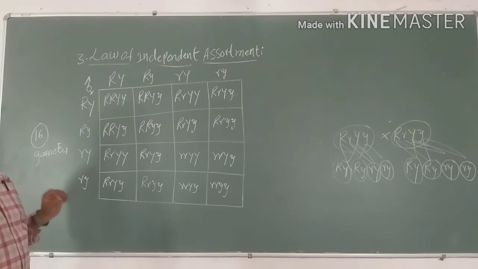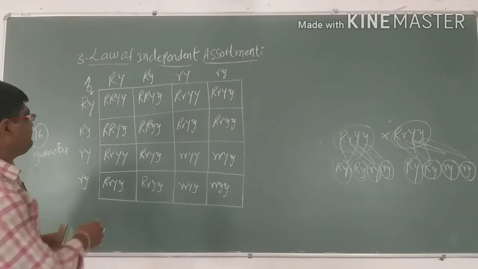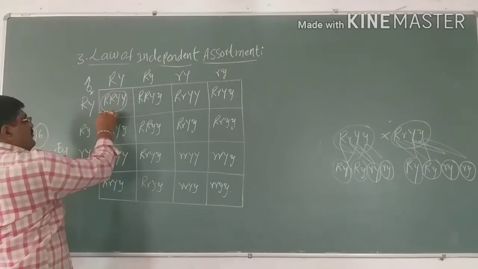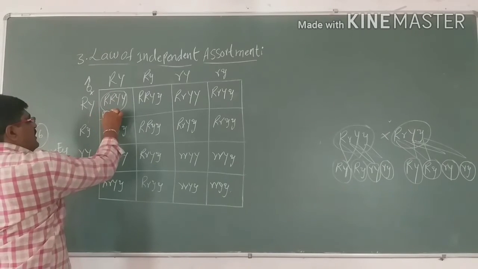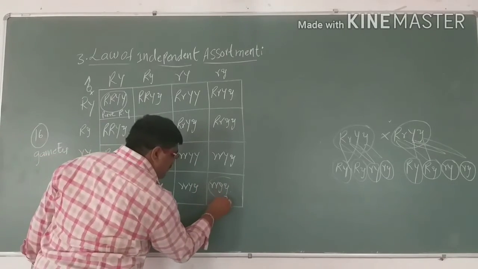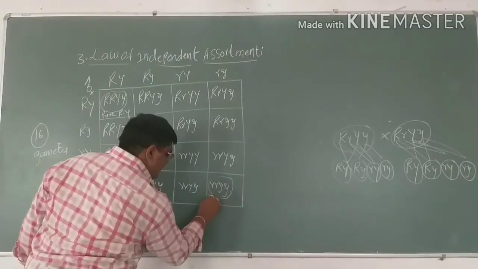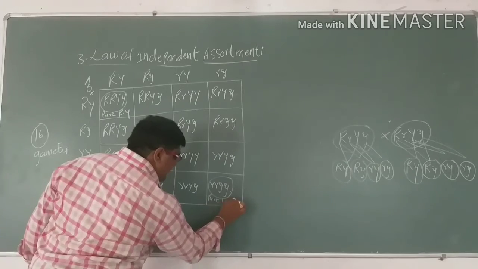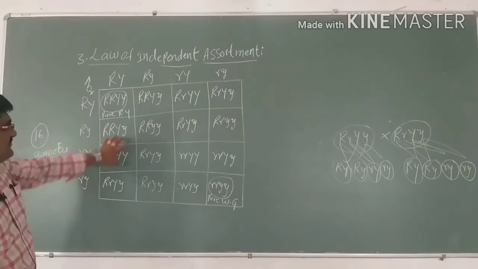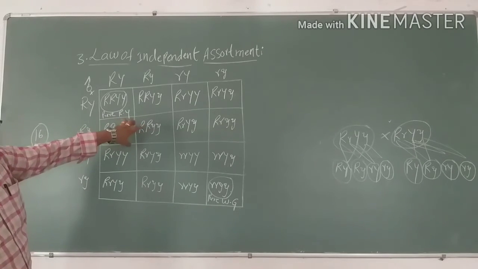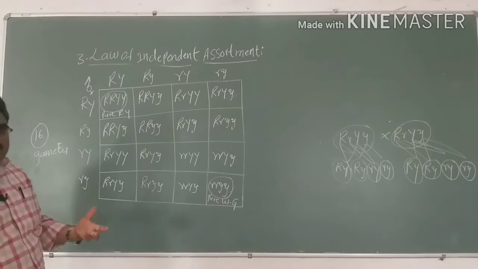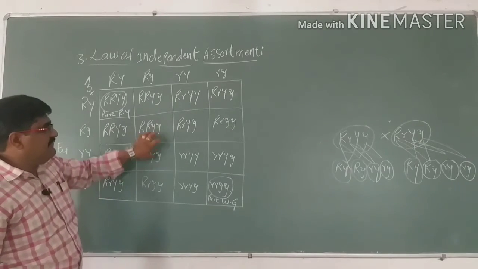Out of the 16, one is pure round and yellow and one is pure wrinkled and green, and the remaining 14 are different recombinants, each expressing its own character independently when they segregate.